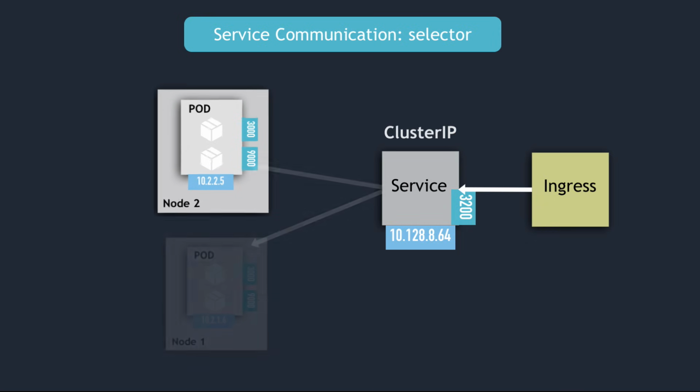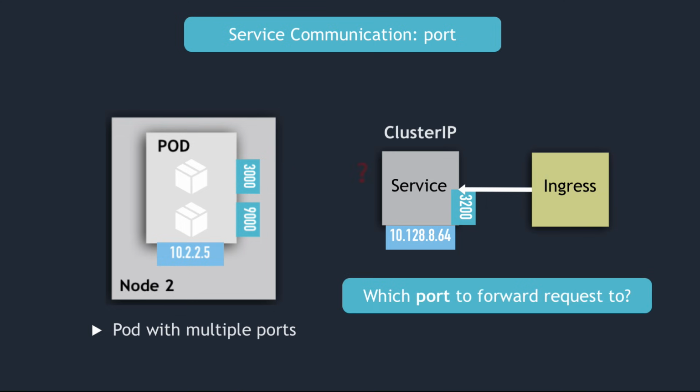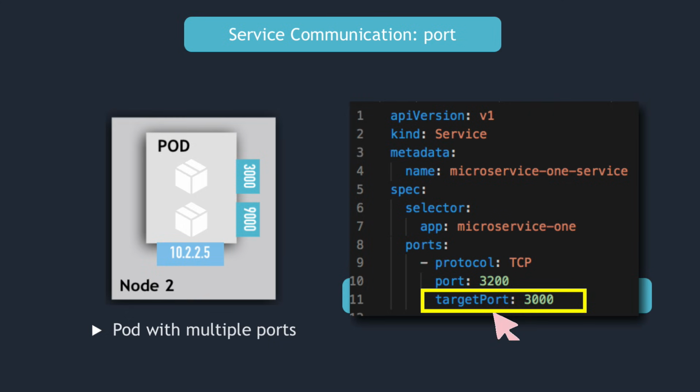The second question was, if a pod has multiple ports open where 2 different applications are listening inside the pod, how does service know which port to forward the request to? And this is defined in the targetPort attribute. So let's say targetPort in our example is 3000.